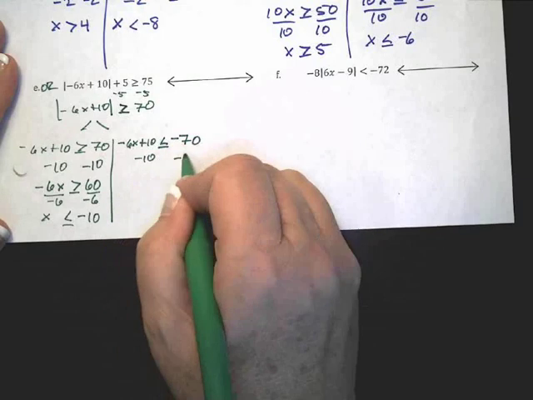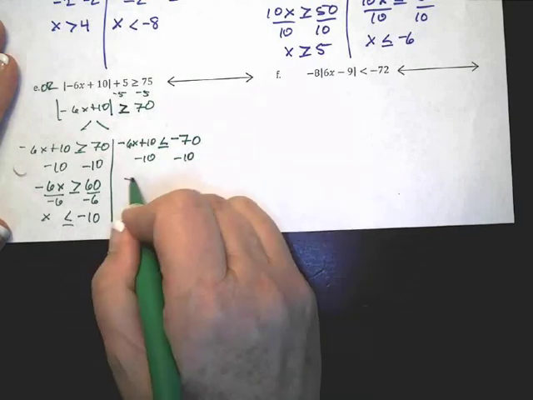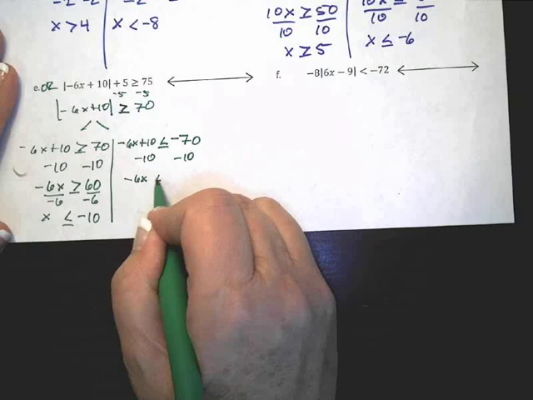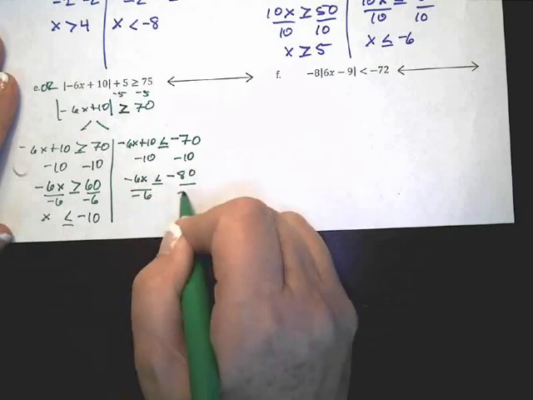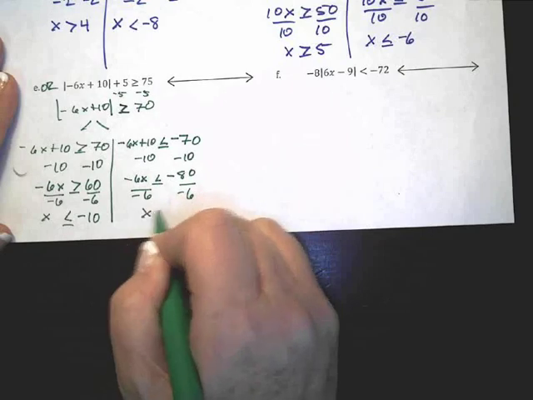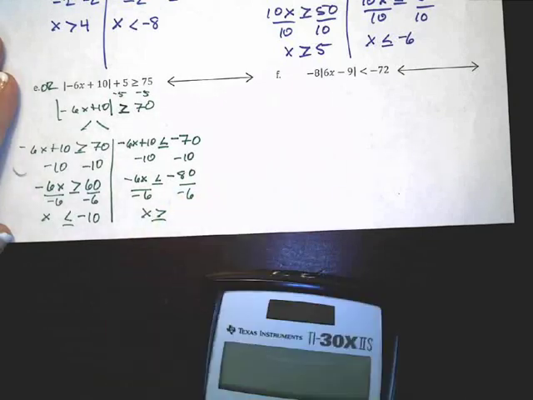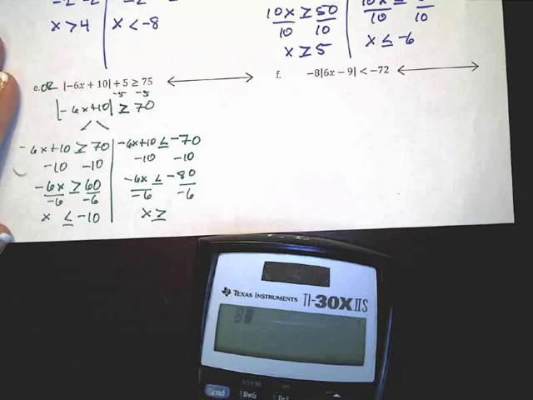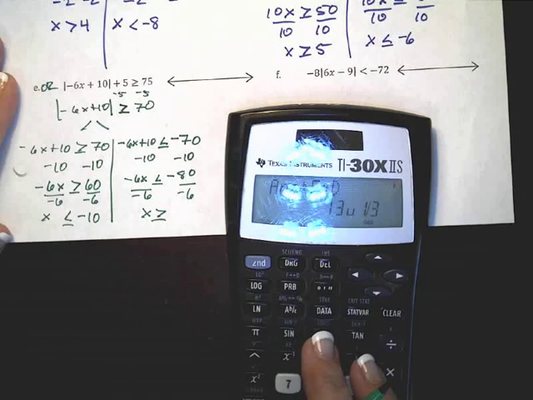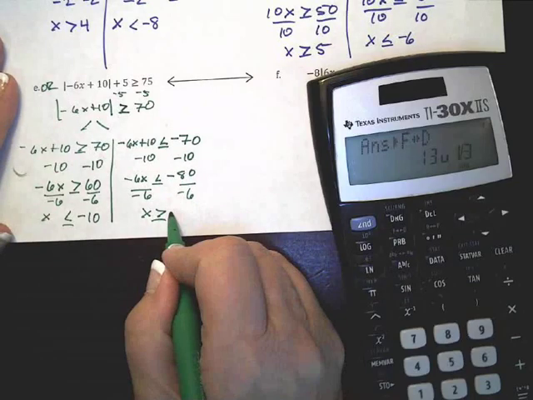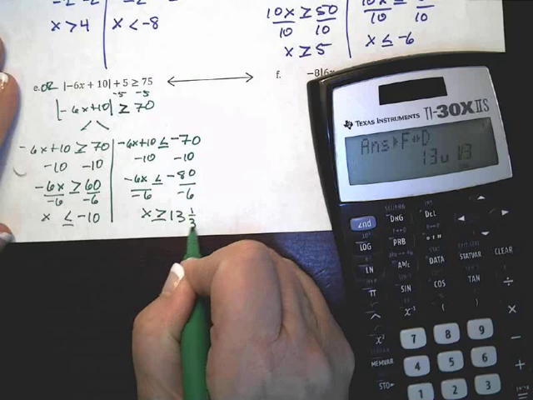On our second inequality, subtracting 10 from both sides. And again, we are dividing by a negative number, so it flips the inequality symbol. So we get x is greater than or equal to 13 1/3.